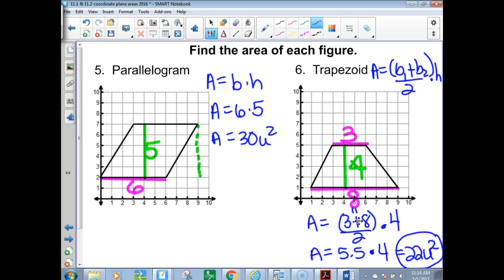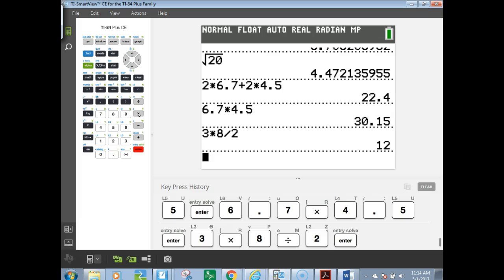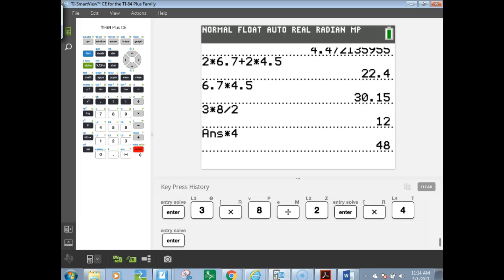Okay, hit 3 plus, do 3 plus 8, then hit enter, then type divide by 2. Again, because if you do this, 3 plus 8, and then you hit divide by 2, you can't do that. It's only dividing, what was it, times 4? See, that's not right.